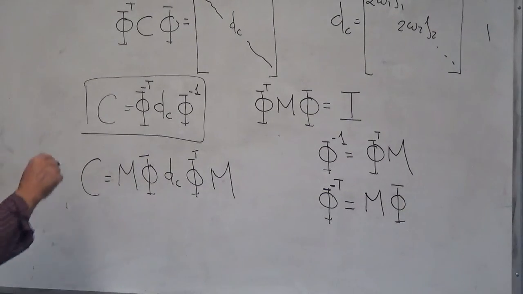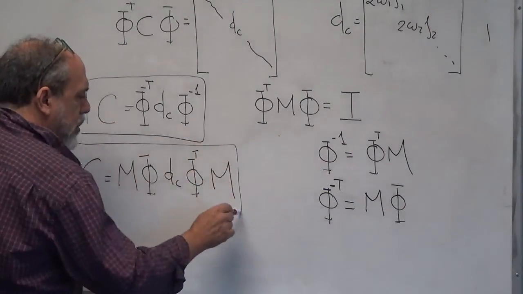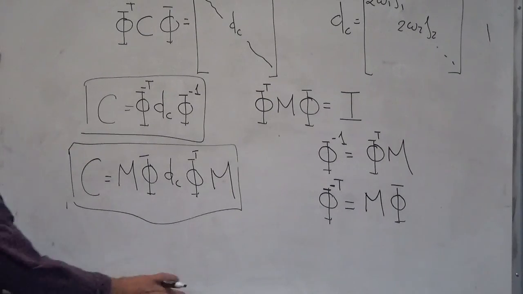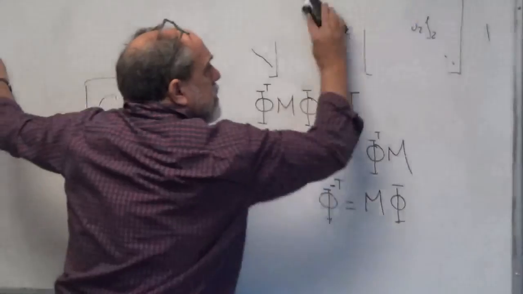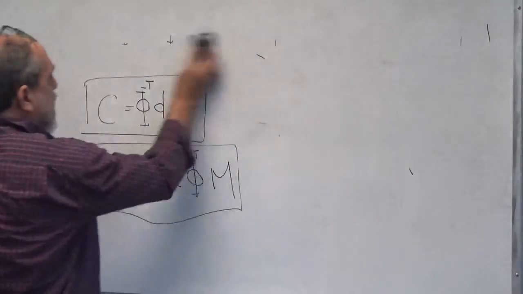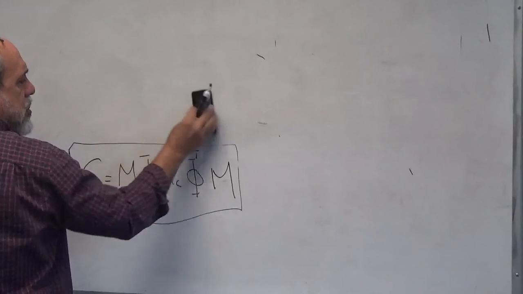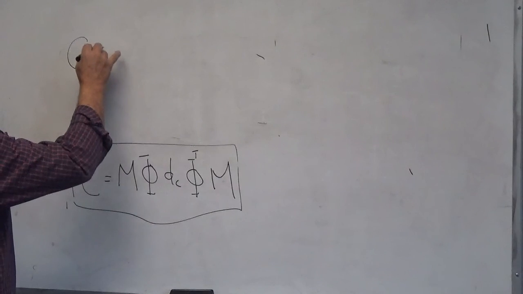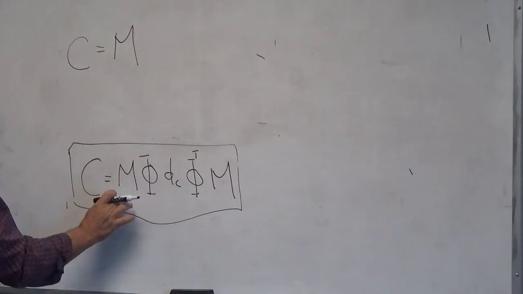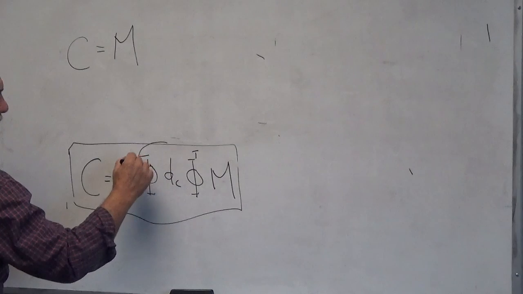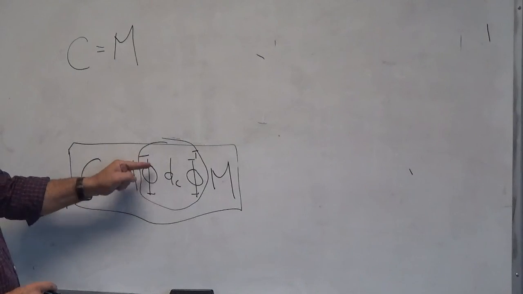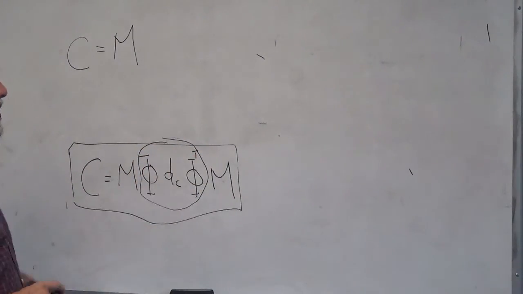Okay? So this is a convenient equation that doesn't involve any inversions, right? Now, these equations can also be written, if you like this, C would be m. We leave this first m, and then we look at this term. So if you look at that term, that's like take a mode here, multiply times a number, multiply times the transpose of the same mode.